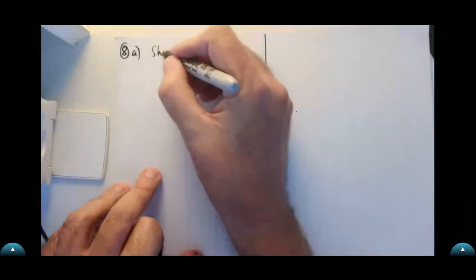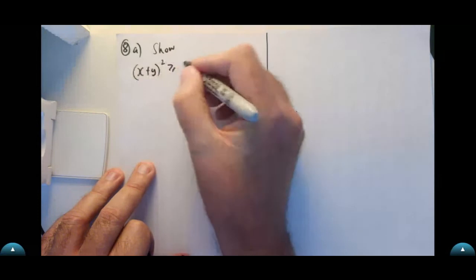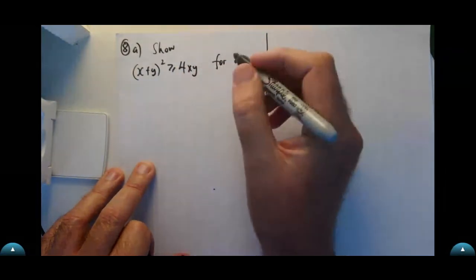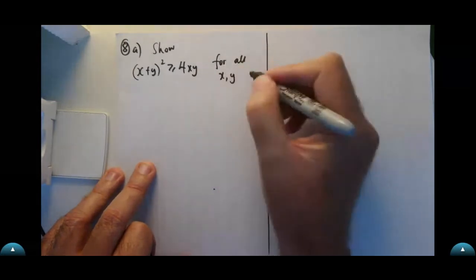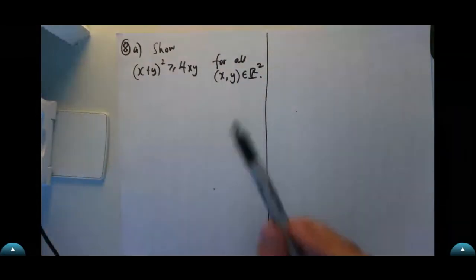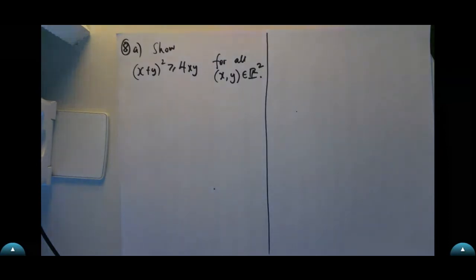We're asked to show that the following is true for all x and y. Okay, so x is a real number, y is a real number. Together they form this plane, R squared.